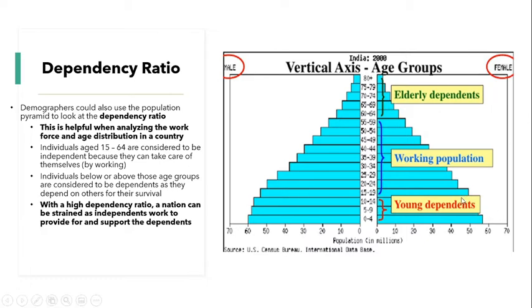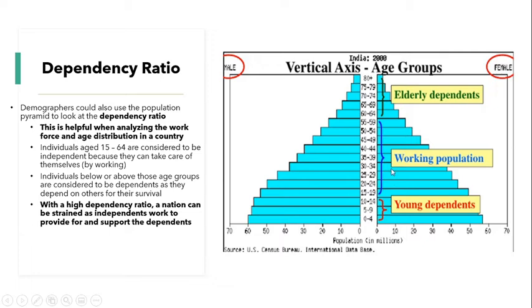There were a lot of people born in the 50s. Then they age and they don't have too many kids. So instead of seeing a pyramid shape, as they age, the people who were born in the 50s would move up into this sector of the population pyramid, the working population. We're not having many kids. We'd have a very large, round center, and then we'd have a very narrow base.